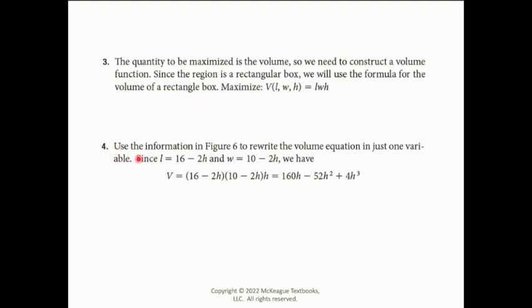Since we set up that the length was 16 minus 2h, and the width is 10 minus 2h, and we have in the formula length times width times height, if we replace w with 10 minus 2h, and we replace length with 16 minus 2h, and we substitute that in, then we have everything in terms of h.